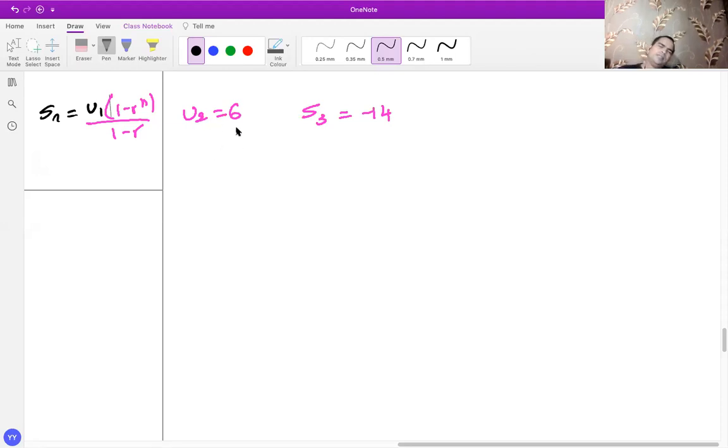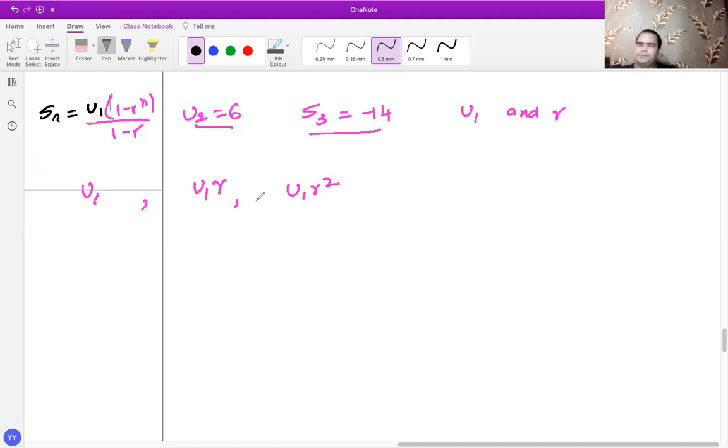So here is a particular question where the second term of the sequence has been given as 6 and the sum of the first 3 terms has been given as negative 14, and we are asked to calculate the first term and the ratio. So now the second term is 6. If I take the first term as u1, the second term will be u1r, and the third term will be u1r squared.